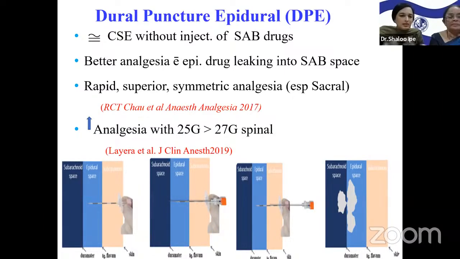There is better analgesia because of epidural drug leaking into the subarachnoid space. This again, in comparison to conventional epidurals, gives more rapid, superior, and symmetric analgesia, especially with less sacral sparing. Also, it is found that when you use a 25 gauge spinal needle, it gives more superior analgesia than using a 27 gauge for DPE.